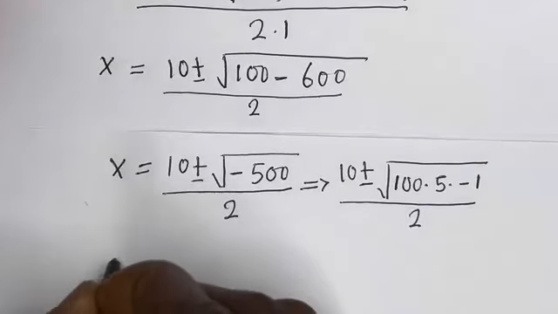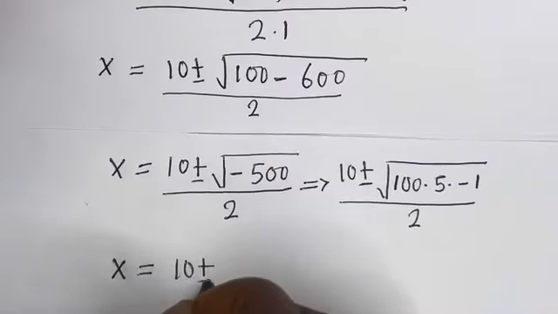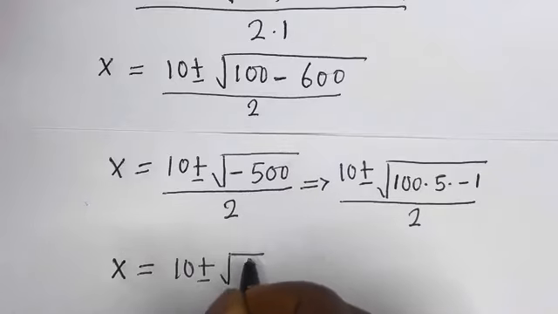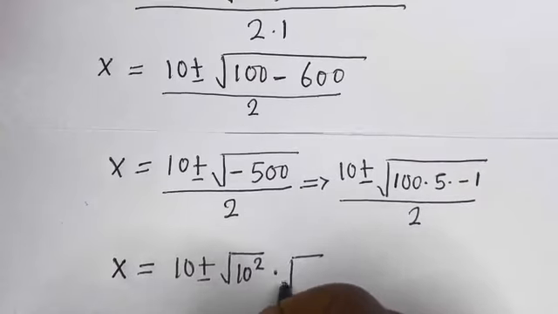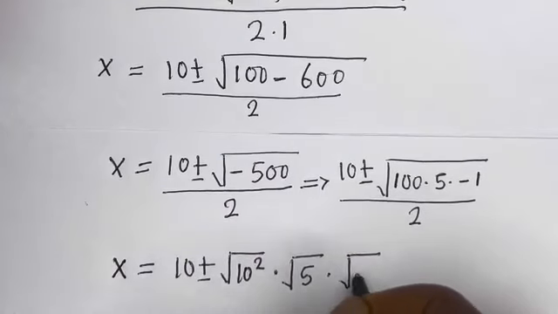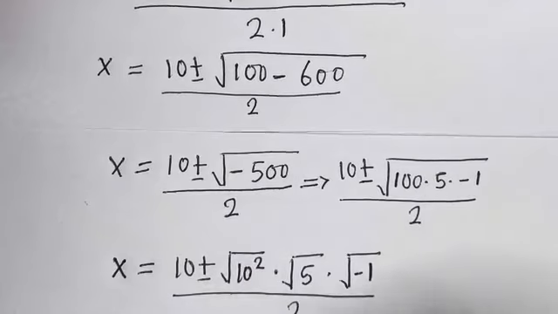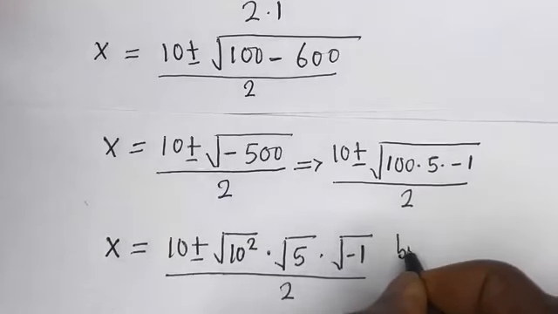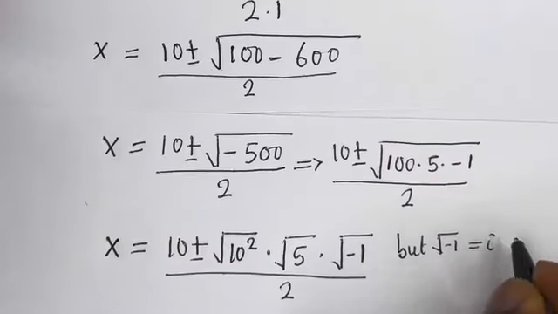And this is the same thing as s is equal to 10 plus or minus square root of 100, which is 10, multiplied by square root of 5 multiplied by square root of minus 1, over 2. But square root of minus 1 is equal to i.